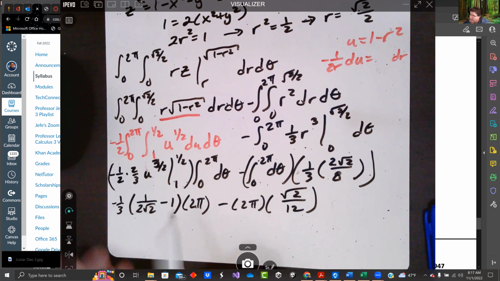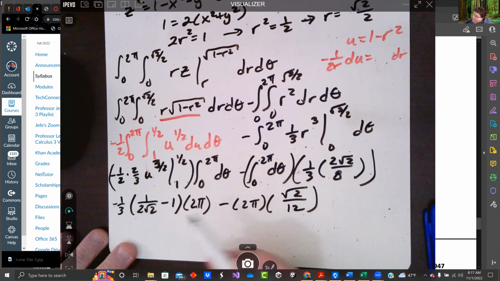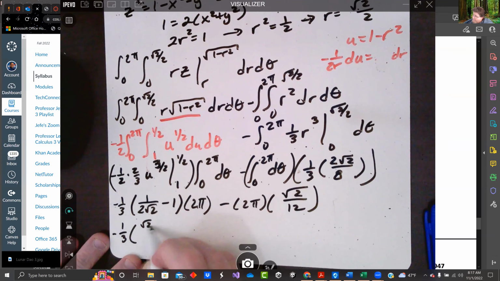And this probably cleans up a little bit, right? If I multiply the top and bottom by √2/2, I get √2 on top, 4 on bottom. And I'll put the 2 pi over here.